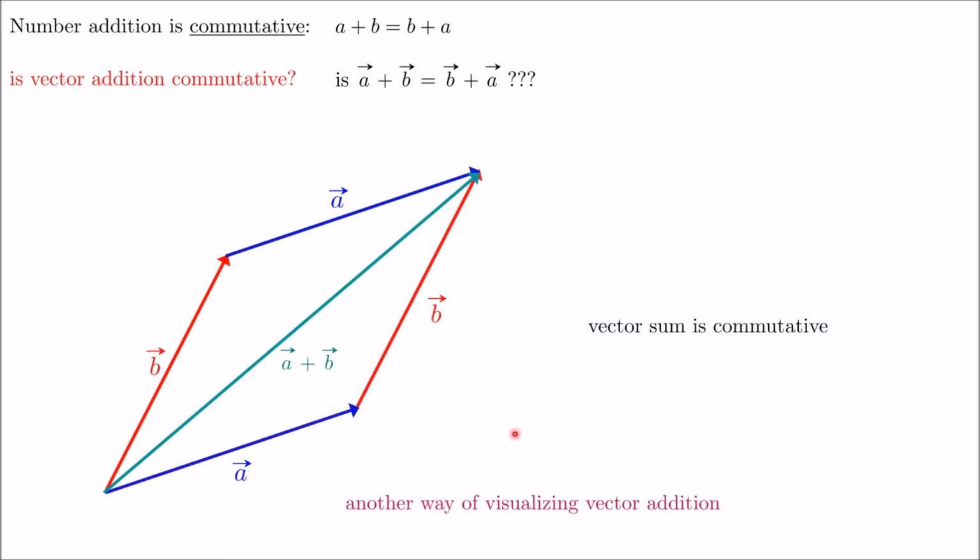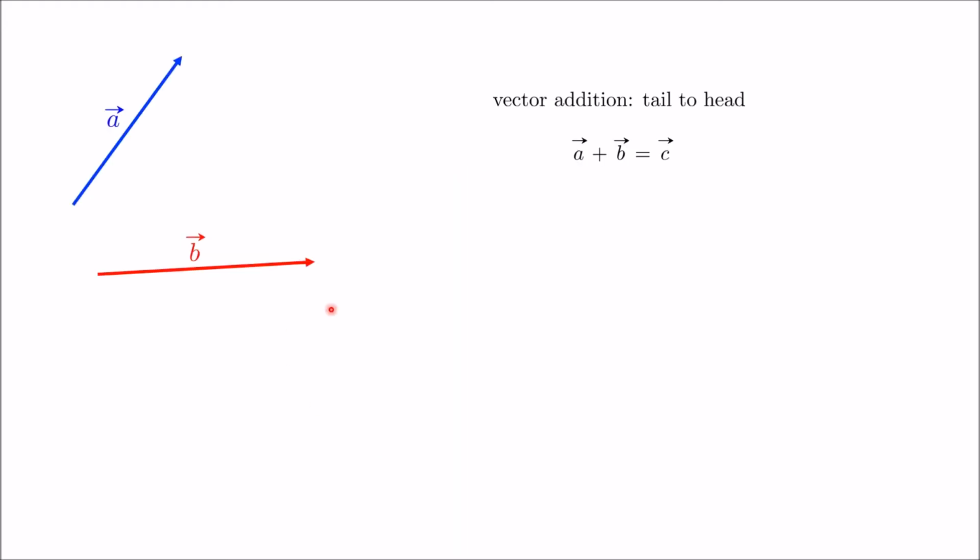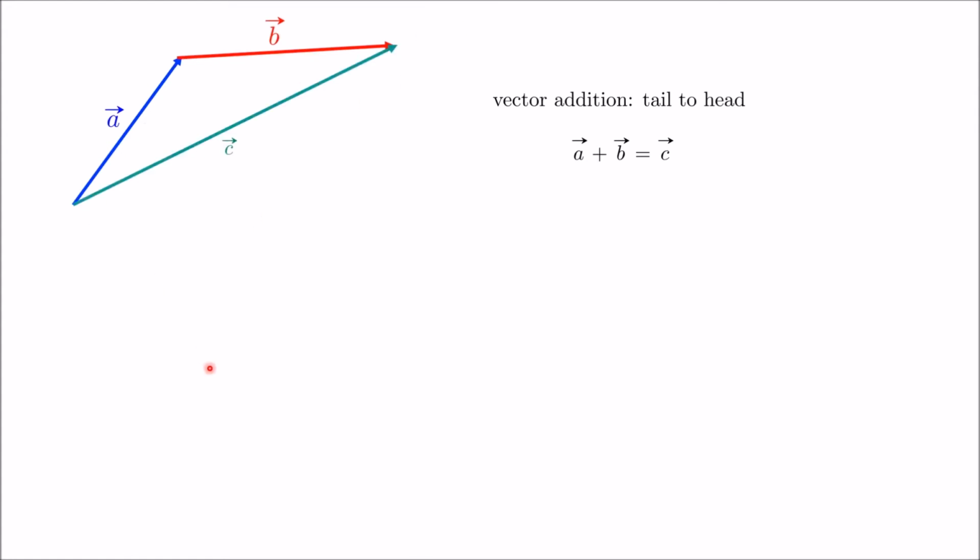Okay, so realizing this result also gives us another way of actually visualizing vector addition itself. So the old way, the previous initial way of looking at vector addition is this. You do the head to tail thing, and the final sum vector is like so. But after discovering the commutativity diagram, we can also add vectors like this now.